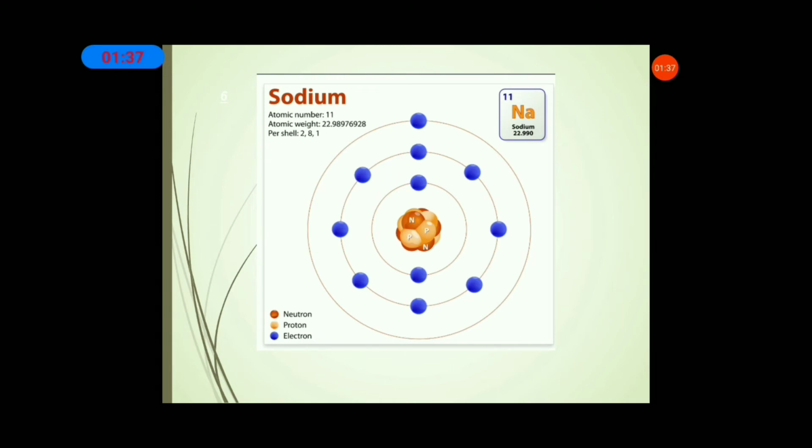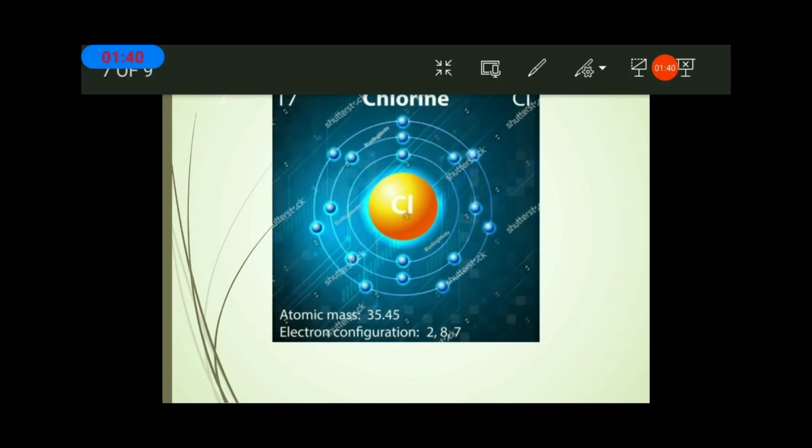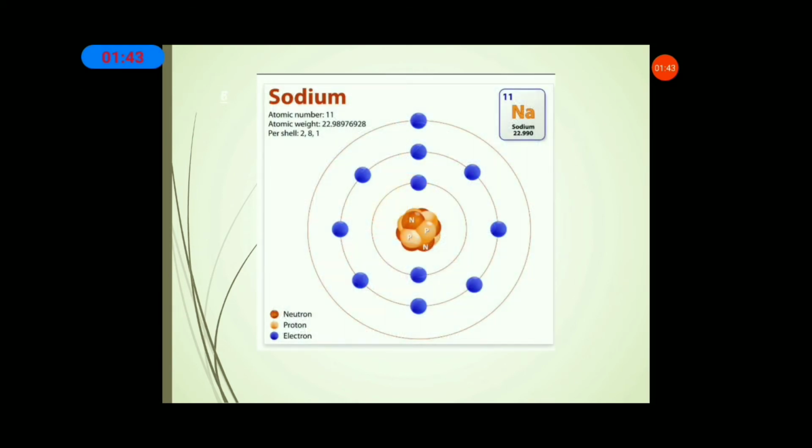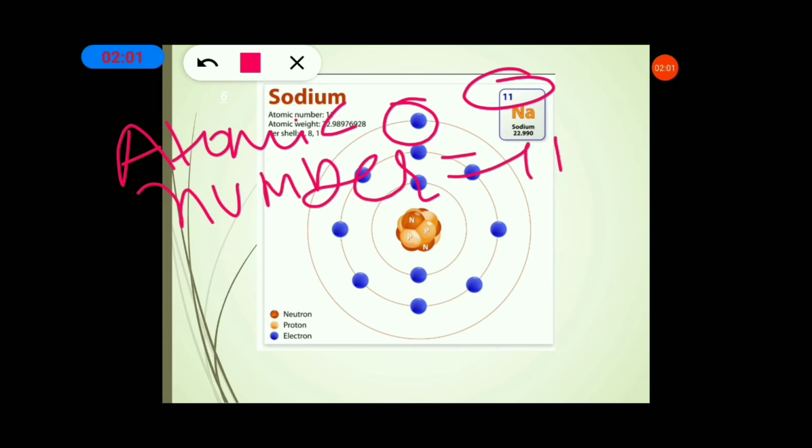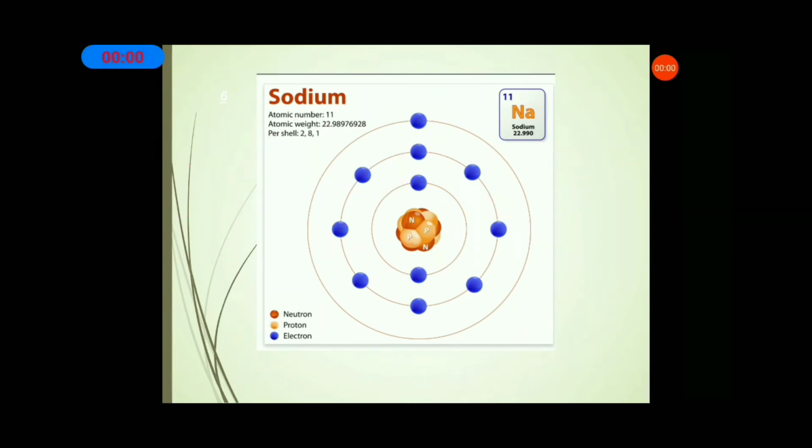Now the number of electrons which are present in the outermost shell. You see about sodium. Atomic number is equal to 11. What does it mean? Electron equals proton equals 11. As we know, electrons revolve around the nucleus in different orbits or shells.